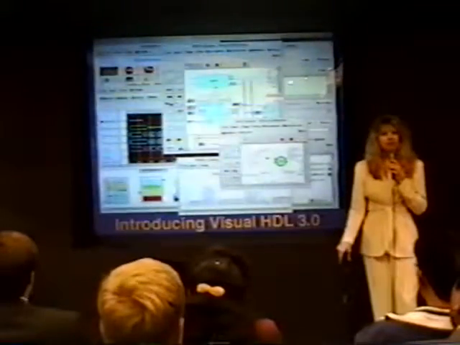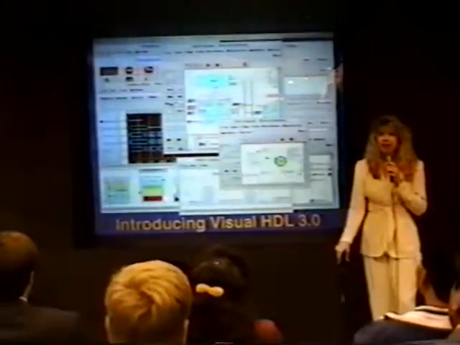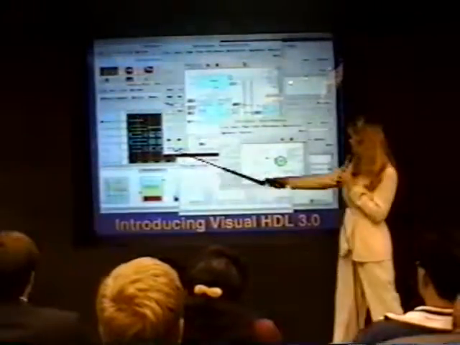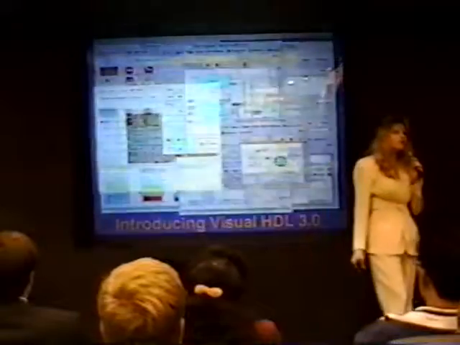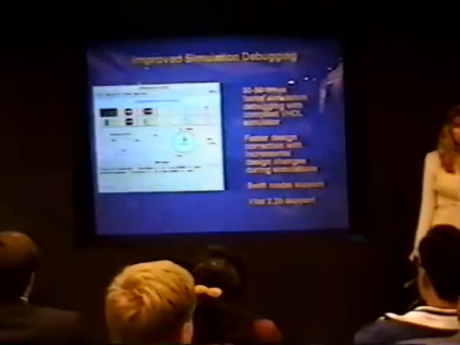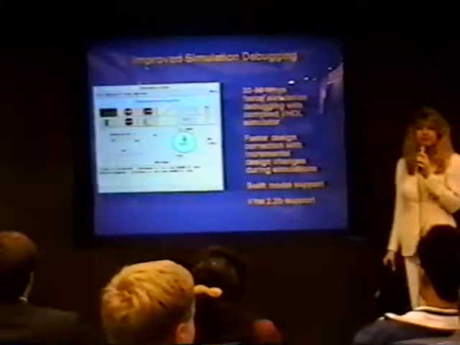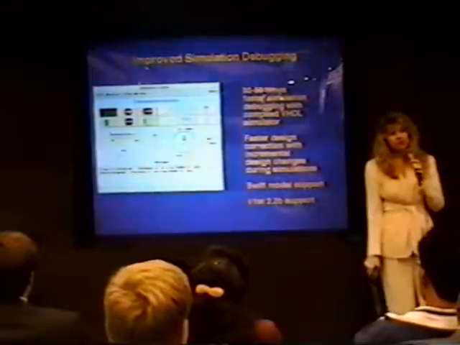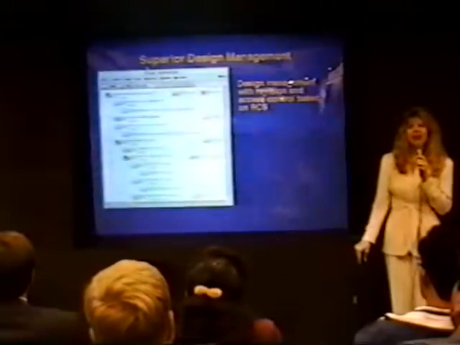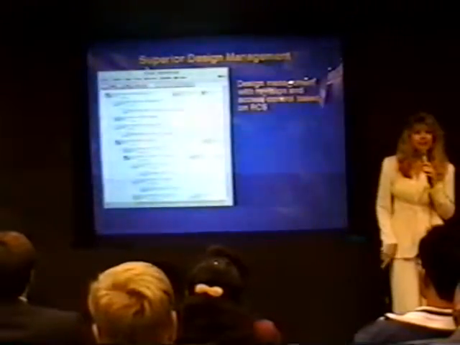Heading our list is the 3rd generation of Visual HDL, giving you the most comprehensive list of product enhancements to date. 30 to 50 times improvement in our debugging speed, with incremental changes supported during simulation, and Swift model support. Superior design management with revision and access control.